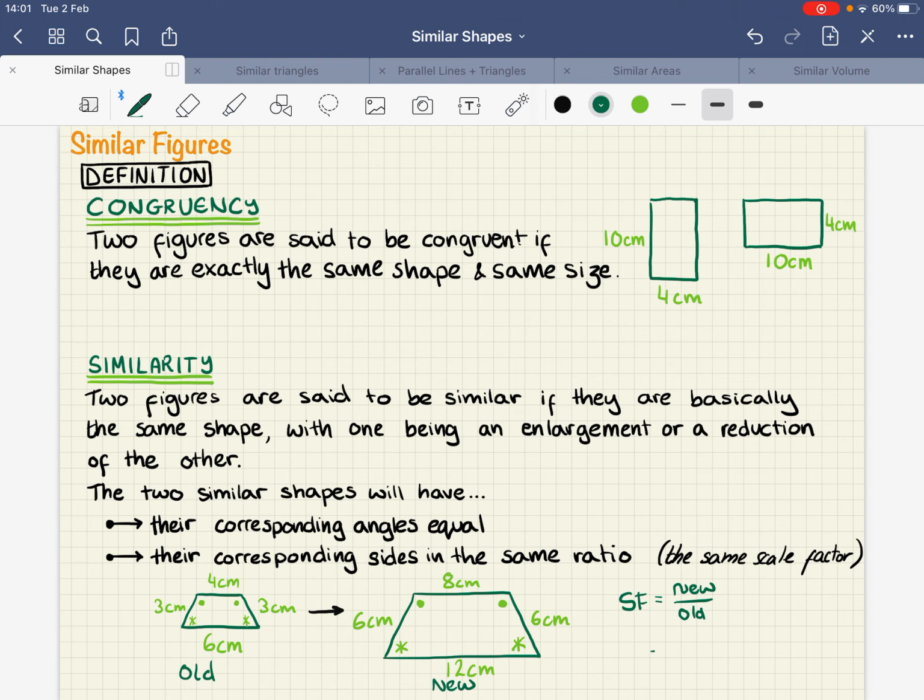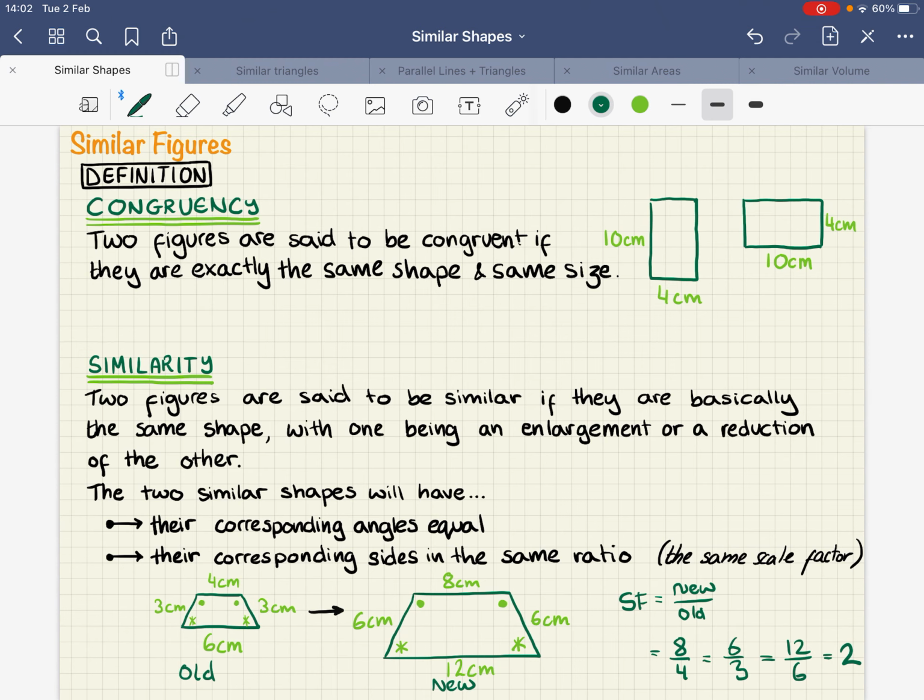So that would be 8 over 4, because it's the new one over the old one. And then I've got this 3 centimeters and the 6 centimeters there. And at the bottom, I go from 6 to 12. And all of these, when I simplify it, come out to 2. So that is why those two shapes there are similar. The corresponding angles are equal, and the corresponding sides are all in the same ratio.